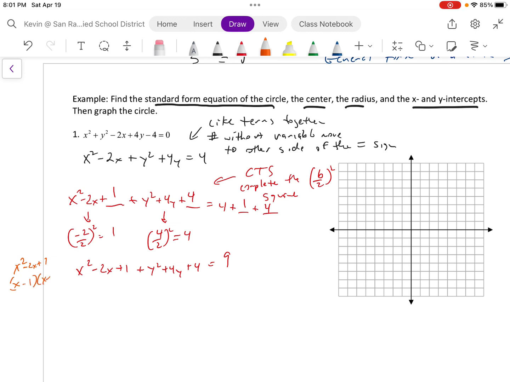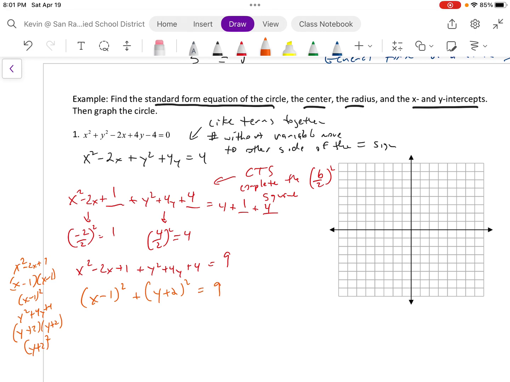Remembering our factoring, x squared minus 2x plus 1 is x minus 1 times x minus 1, or x minus 1 squared. So that's what's going down here. Same thing, y squared plus 4y plus 4 is y plus 2 times y plus 2, or y plus 2 squared.